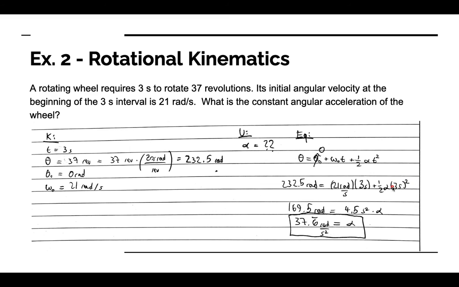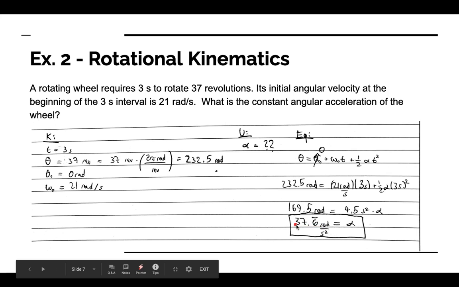As a result, we get 169.5 radians equals 4.5 seconds squared times our angular acceleration. I just took the 21 times 3 and subtracted it from both sides to get 169.5. Then we divide both sides by 4.5 seconds squared in order to get our angular acceleration, which comes out to be 37.6 radians per second squared. And that is an example problem with rotational kinematics.